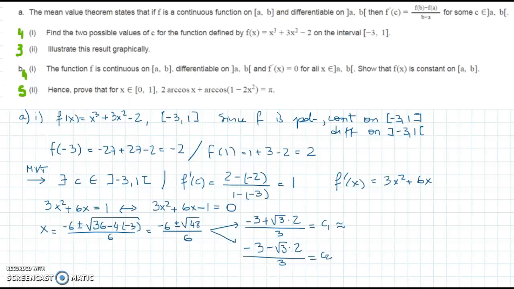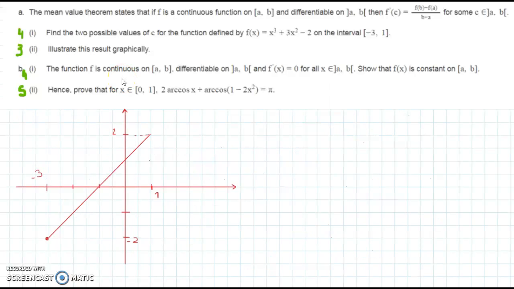You can check with the calculator that this value of C1 is approximately 0.155, which belongs to the interval minus 3, 1. And the other value C2 is approximately minus 2.15, which also belongs to the interval minus 3, 1. So for part A1, they ask us to find these two values we found over here.